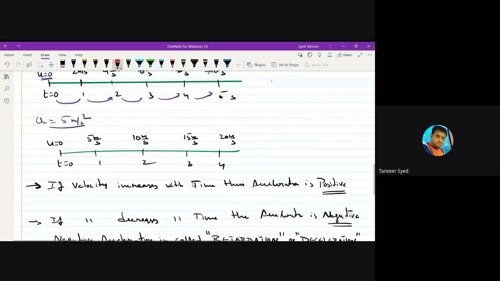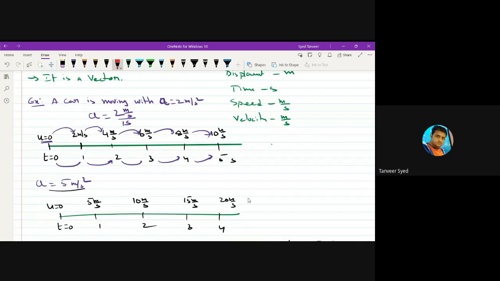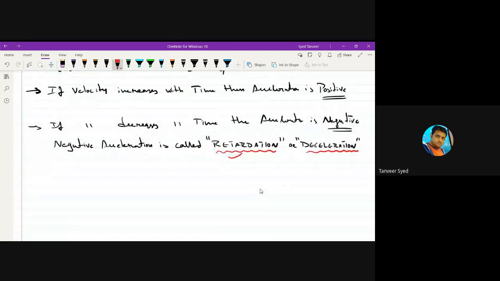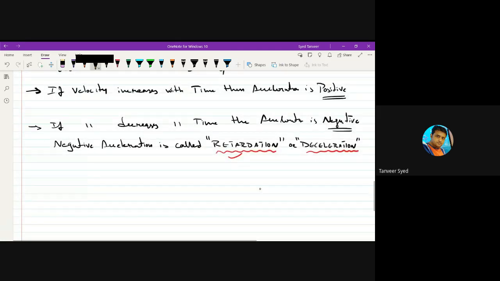Is acceleration clear? Yes, sir. A very, very important point is you should compare velocity with acceleration and try to understand how they are different from each other. Acceleration is the change in velocity, no, sir. Velocity is different from acceleration.